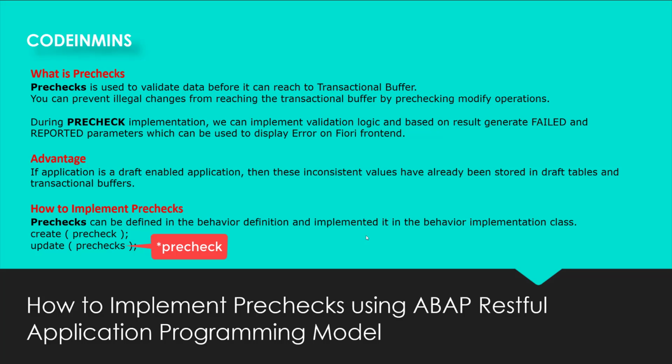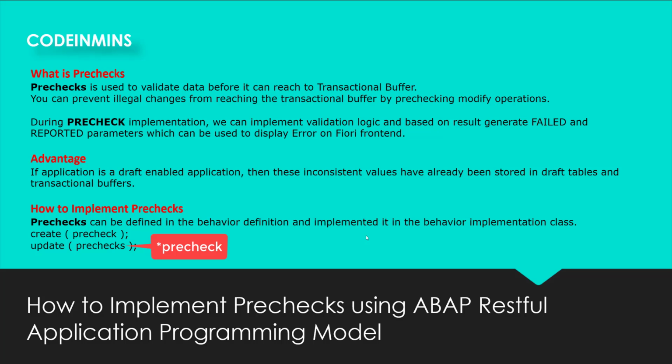During precheck implementation, we can also implement validation logic, and based on the result of that logic, we can fill the failed or reported parameter. The error message can then be displayed on the front end in the Fiori application. The advantage of prechecks is this: if an application does not have draft capability, it is fine to implement on the save button.